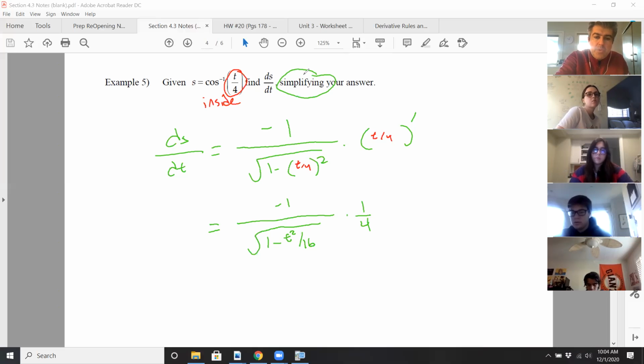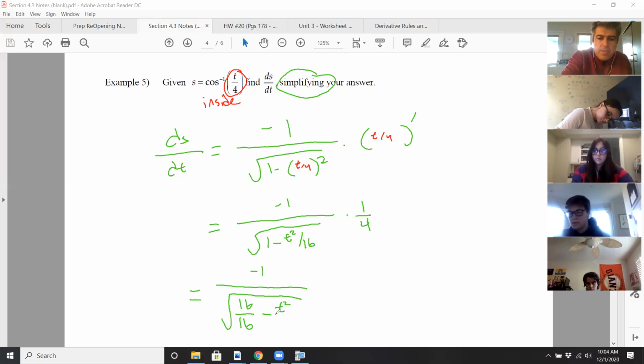So what you do if you simplify it is you write this as 16 over 16 minus t squared over 16. And that's times 1/4.